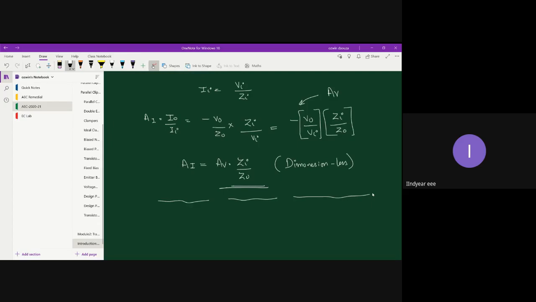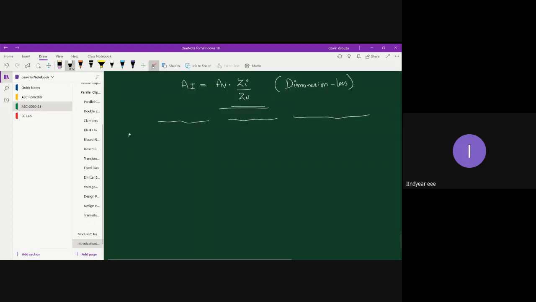All right. Take down the question. For the network shown below, determine the following. RE, ZI with R0 equal to infinity ohms. Third one, Z0 with R0 equal to infinity ohms.